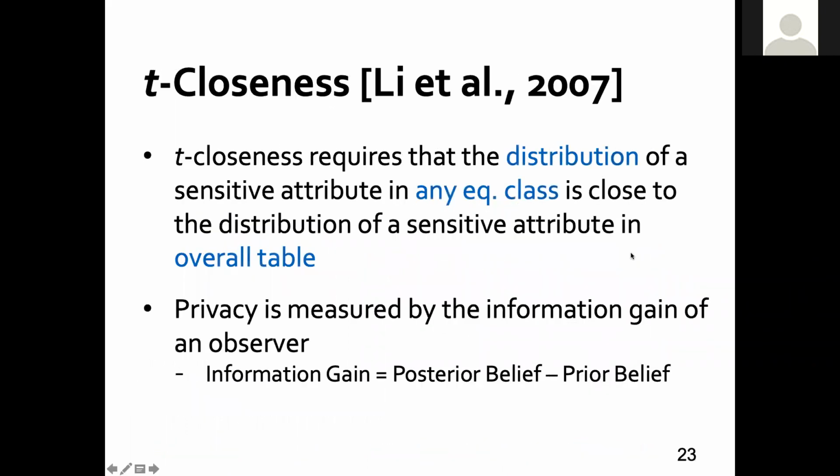So there's another concept called T-closeness. T-closeness moves one step further on the distribution. We want the distribution of the sensitive attribute to be close to the distribution of the overall table for that sensitive attribute. This is very similar to Bayesian theory. In the whole population, let's say we know that if you go to a hospital, maybe 50% have flu.